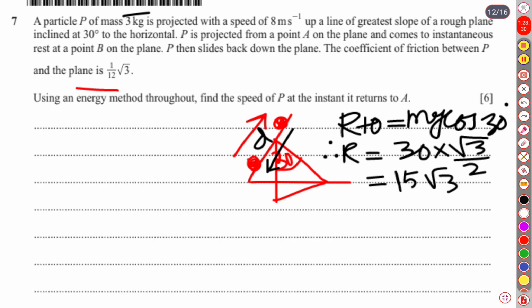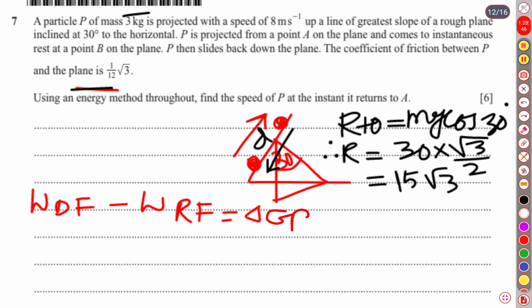Now, we are going to apply the concept they have suggested, which is the energy equation. The energy equation is: work done by driving force minus work done by resistance force is equal to change in GPE, gravitational potential energy, plus change in kinetic energy.